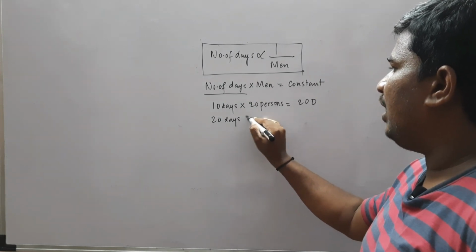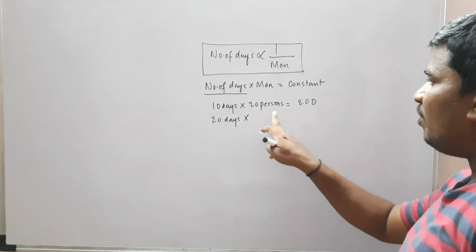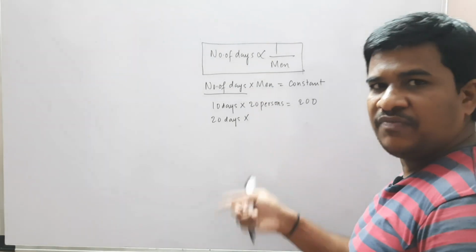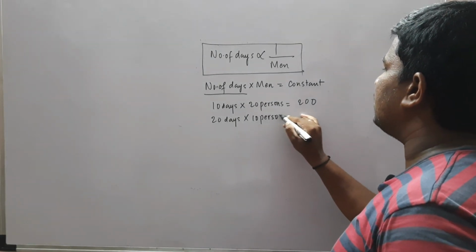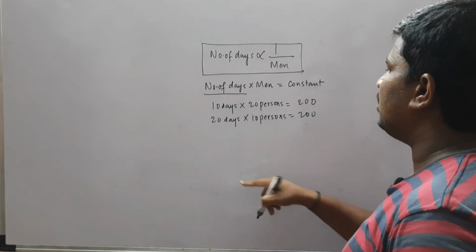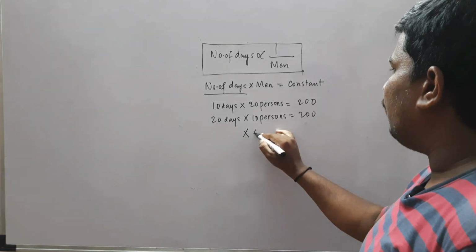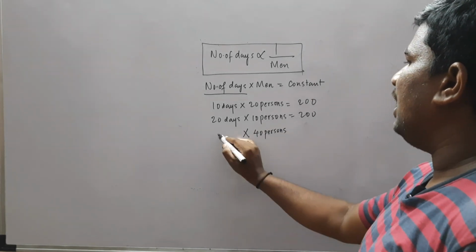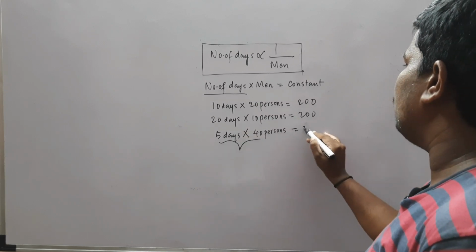If 20 days are taken by certain number of men, so how many persons will complete the same work in 20 days if someone is asked? So obviously this will be 10 persons. This is also 200 because the product must be same. Now if you involve 40 persons to do the same work, they'll complete only in 5 days because the product must be always 200.